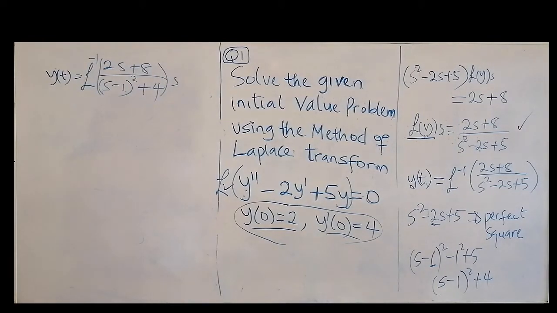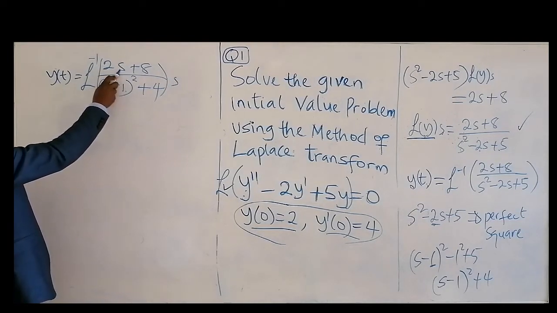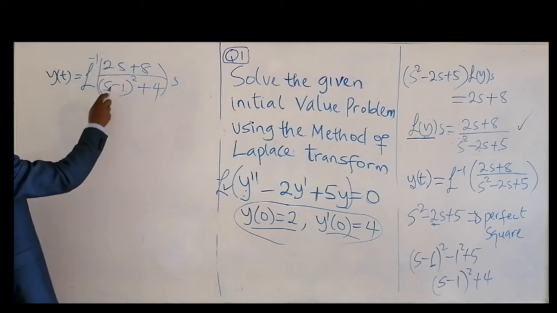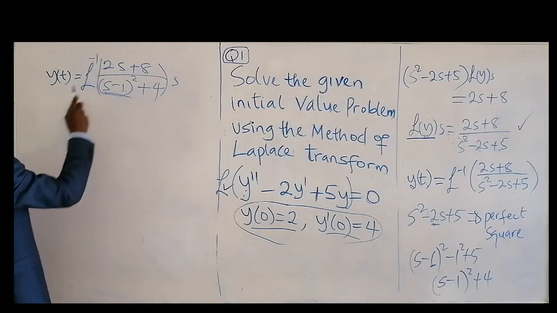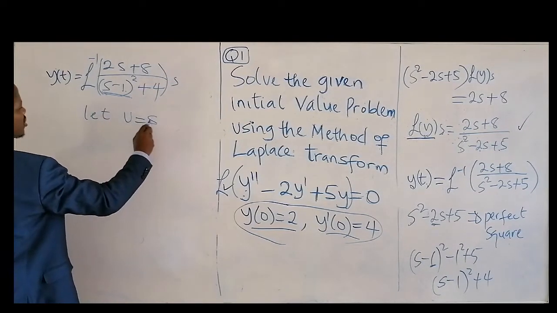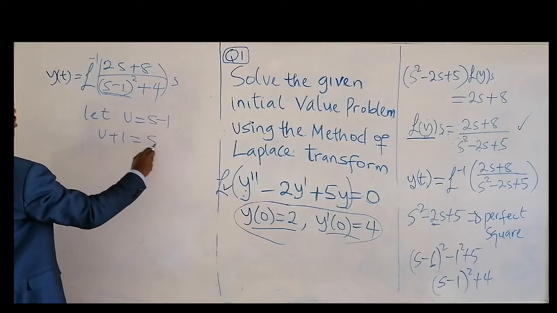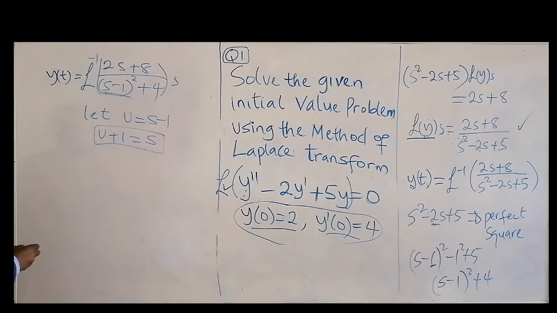So what we'll do here, we need to turn this s into s minus 1. How do you do that? Let u equal s minus 1, and then s is u plus 1. So let's substitute that into the equation.